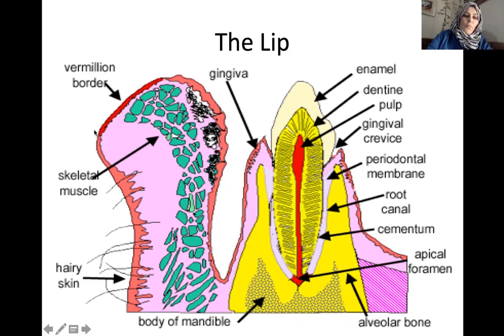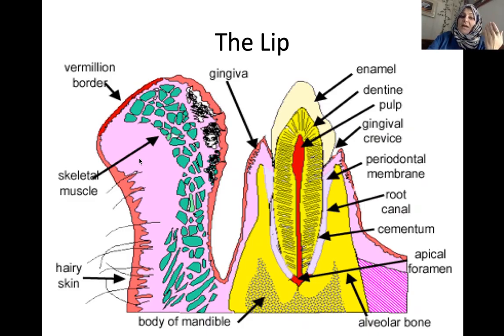Then the vermilion border, this is the red area of the lip. As you see, if we describe it histologically, it is a thin skin. The lining epithelium of the external border is stratified squamous keratinized epithelium.